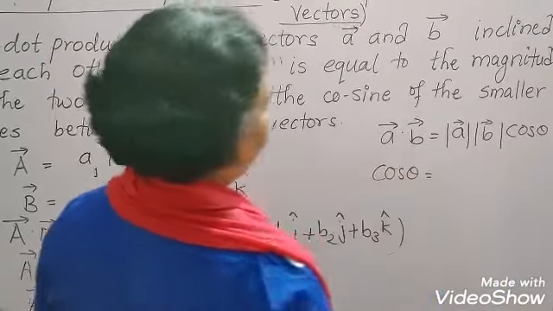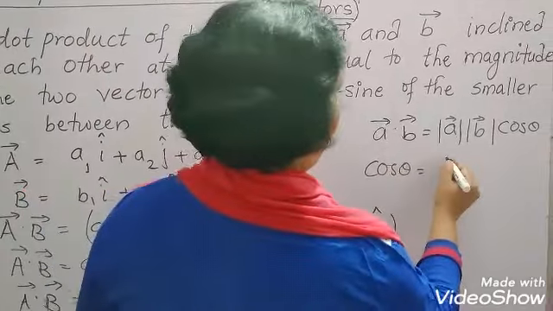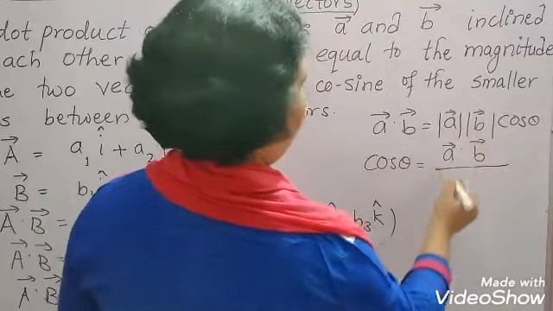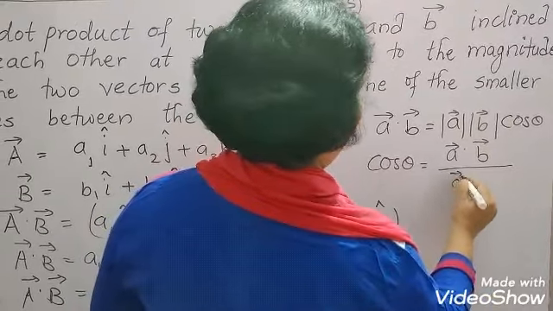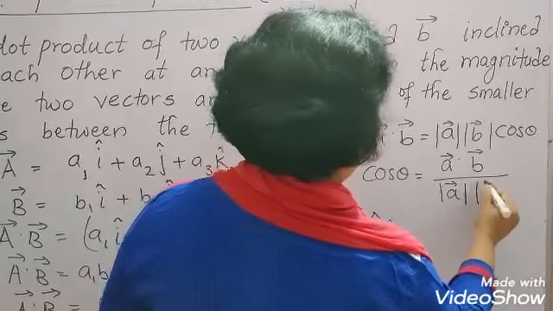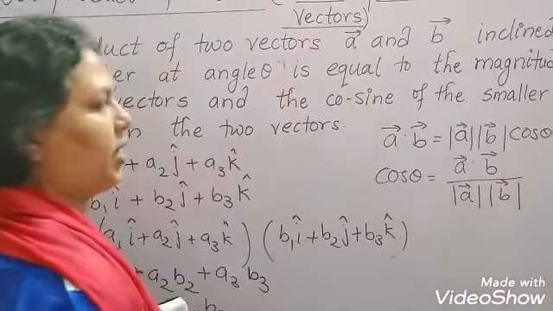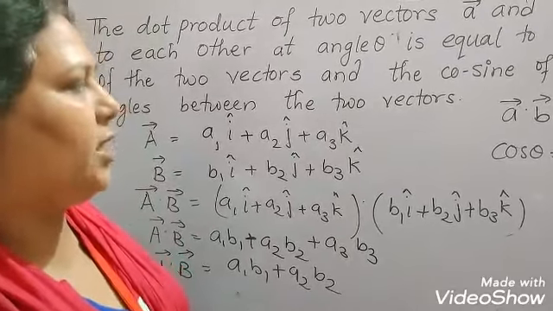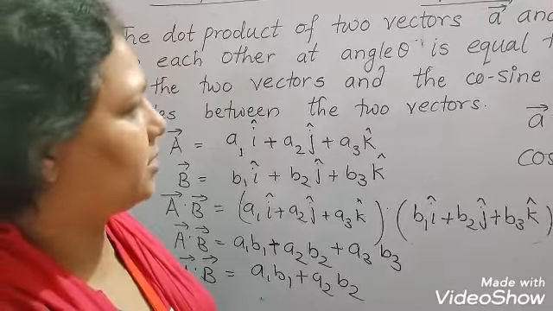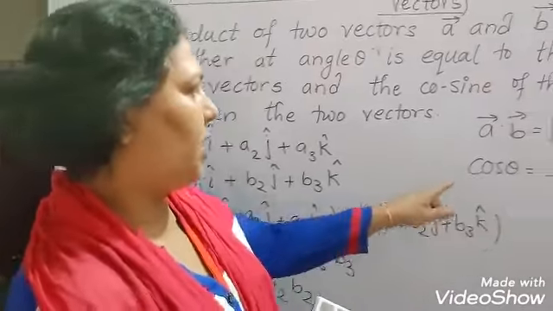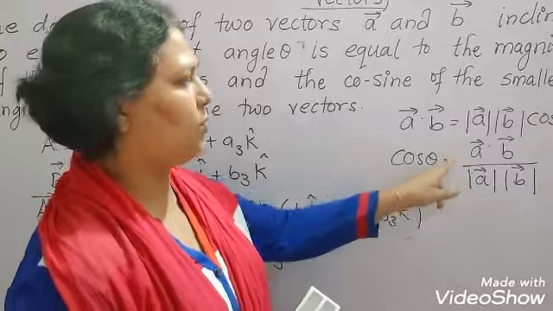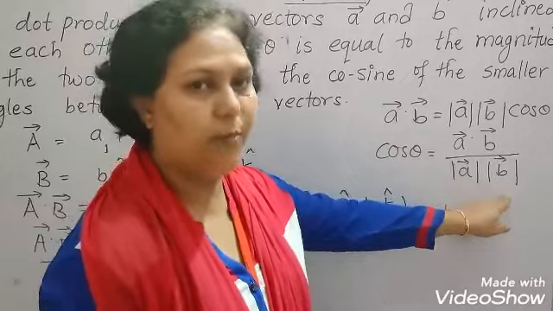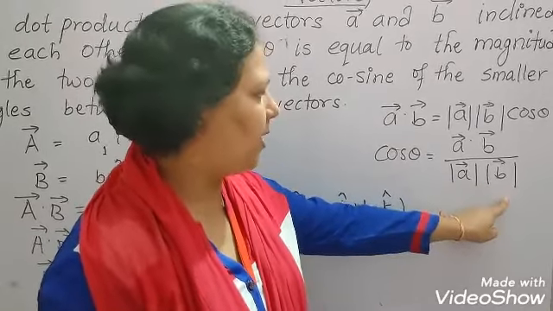Cos theta is equal to vector A dot vector B divided by the magnitude of vector A and the magnitude of vector B. So if we have to find the angle between the two vectors in case of dot product, we can find it in this manner: cos theta is equal to A dot B upon the magnitude of A multiplied with the magnitude of B here. Okay.